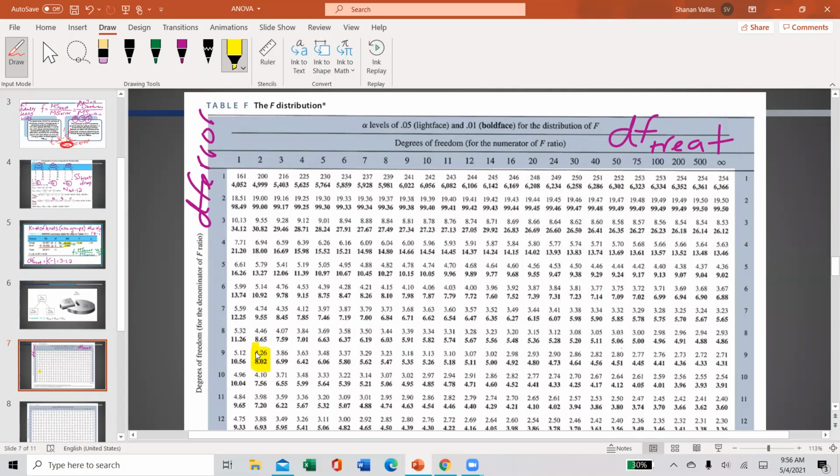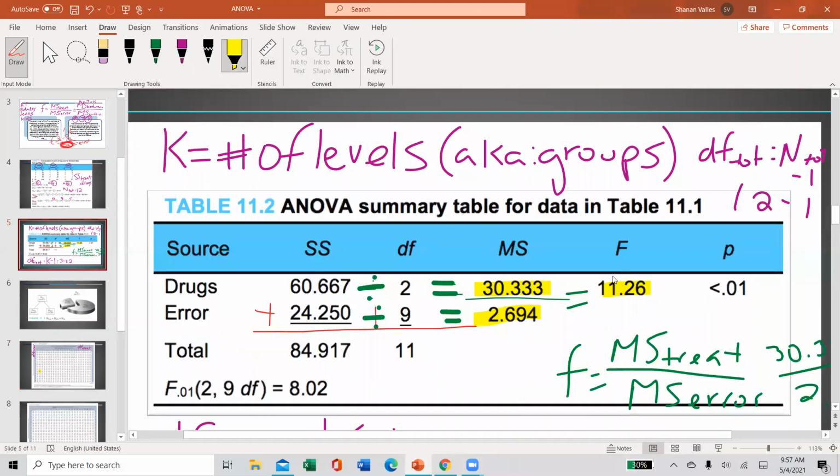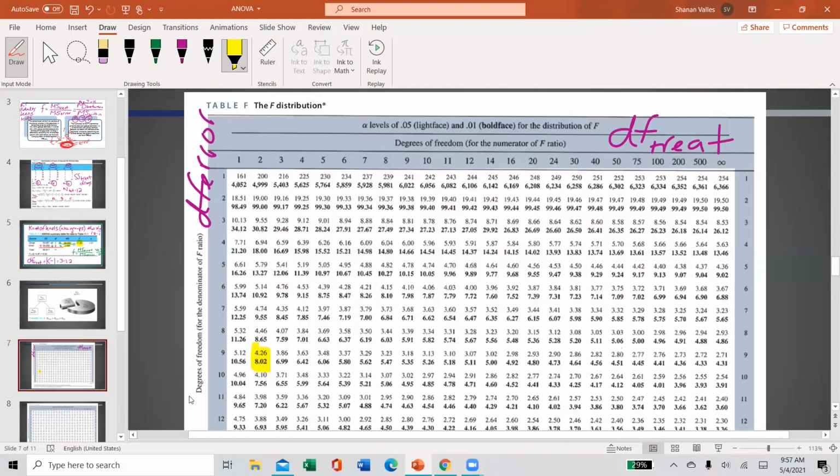The light face is 0.05. The bold face is 0.01. If your F value is bigger than the 0.05, it's significant. If it's bigger than the 0.01, that's even better, right? It's even more significant.